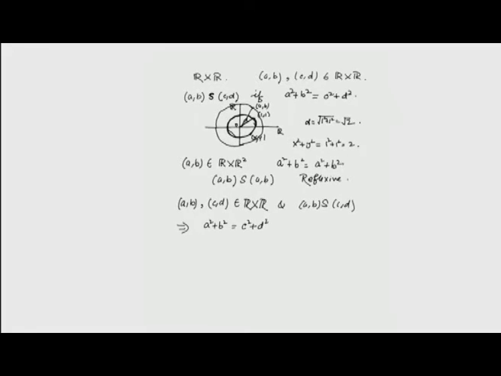This in turn implies c square plus d square is equal to a square plus b square, which means that (c, d) is related by S to (a, b). So, the relation S is symmetric.